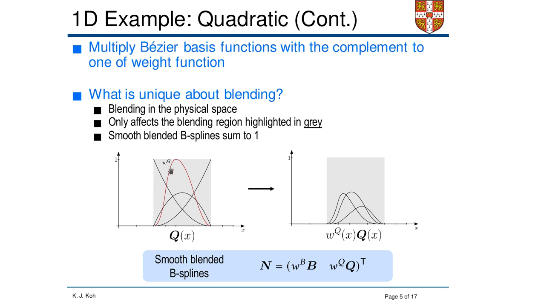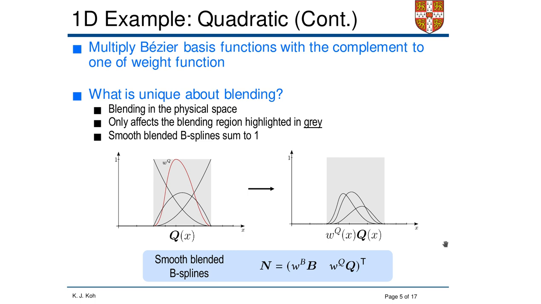And we can simply use WQ, which is just 1 minus the previous weight function, WB. And we can blend them to obtain another set of smooth splines, as you can see here. So we arrange all these blended splines into a vector which we call N, and this is the smooth blended B-splines. And we use these new basis functions for analysis.